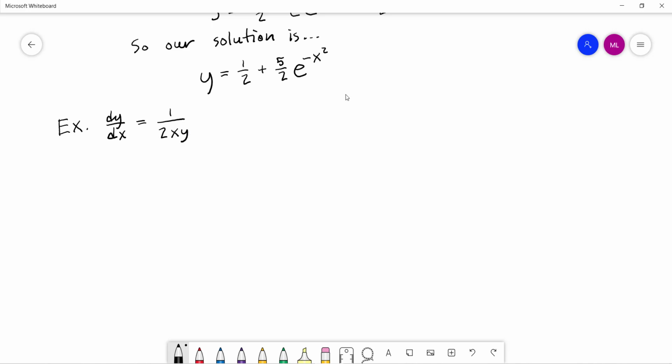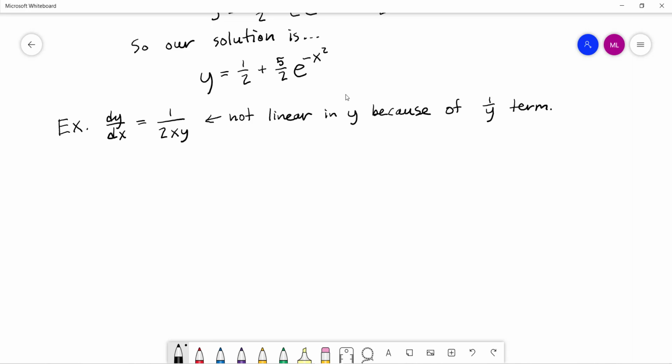This is not linear in y. And so we can't even begin to start one of these problems. This integrating factor approach only worked for linear first-order equations. And what we have right now is a nonlinear first-order equation, right? Not linear in y because of the 1 over y term.